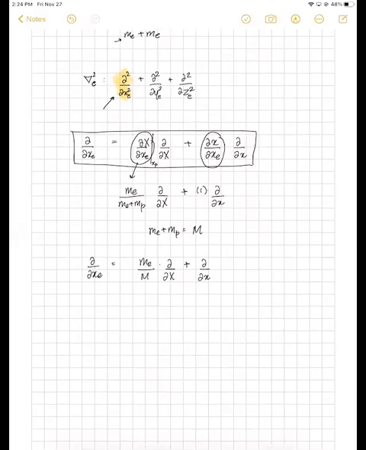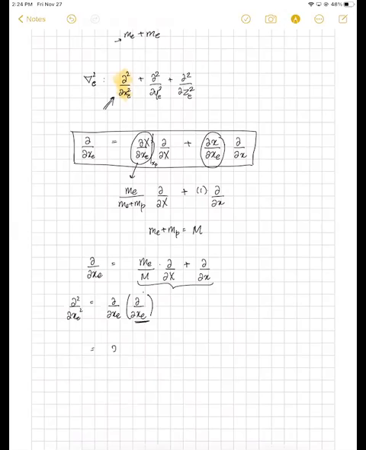But as you know, we need del 2 by del xe2, so we're going to have to take the derivative of this again. So this part is something we just solved right here.